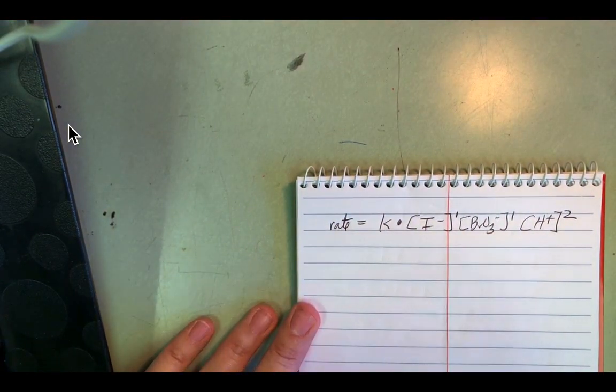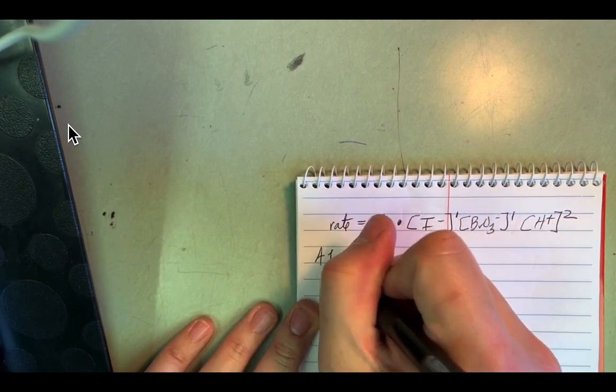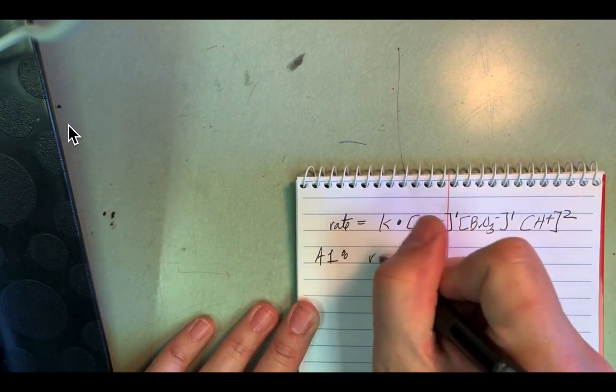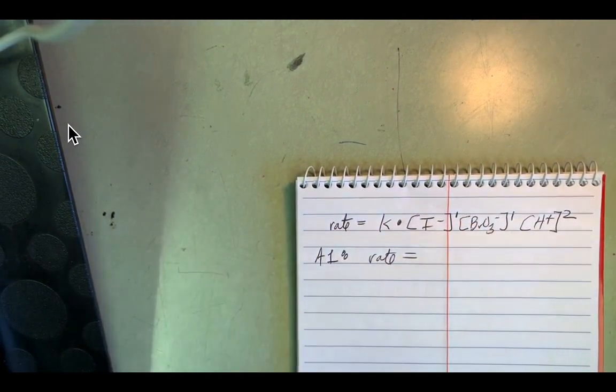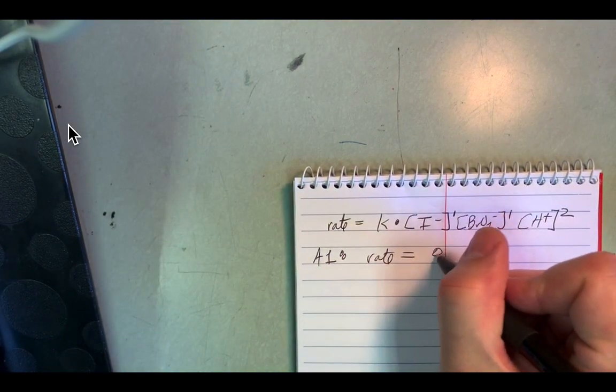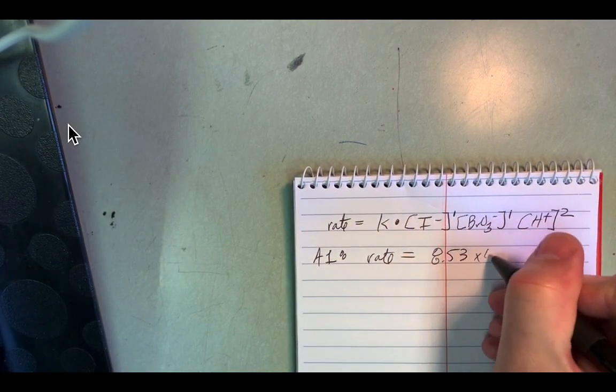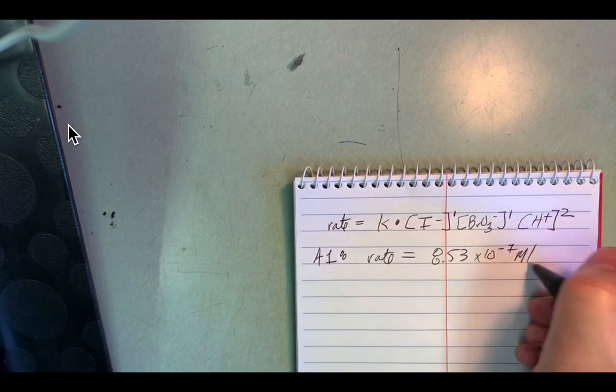Now, for example, from trial 1, my rate was equal to 8.53 times 10 to the minus 7 molarity per second.